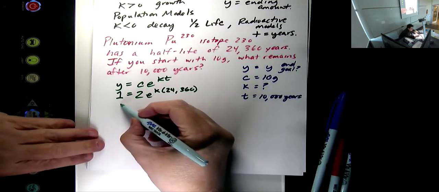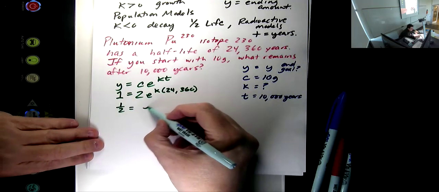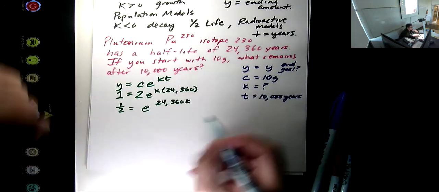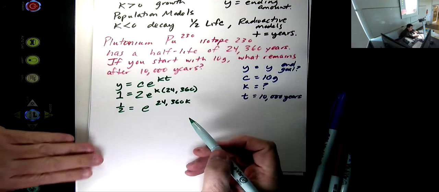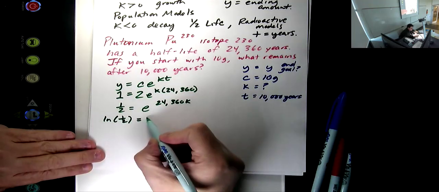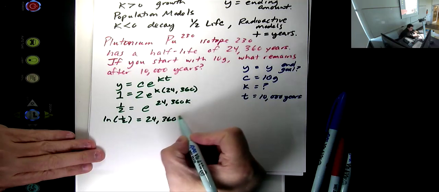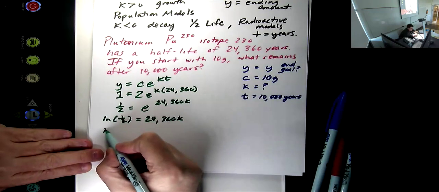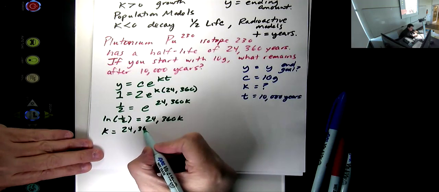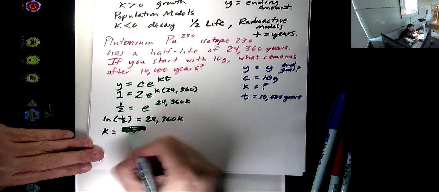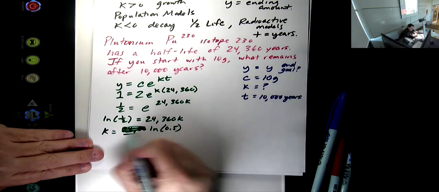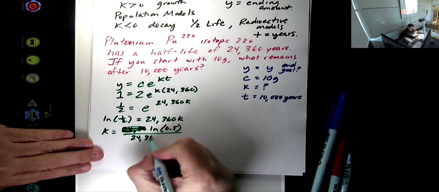So we divide by 2, we get 1/2 equals e to the 24,360 K. Take the natural log of both sides. So K equals natural log of 0.5 or 1/2 over 24,360.